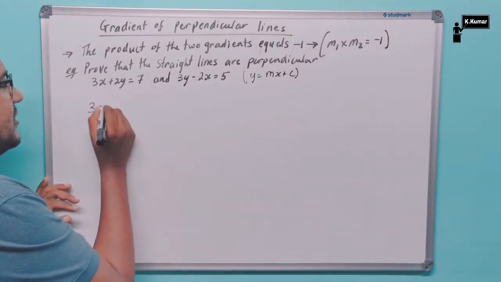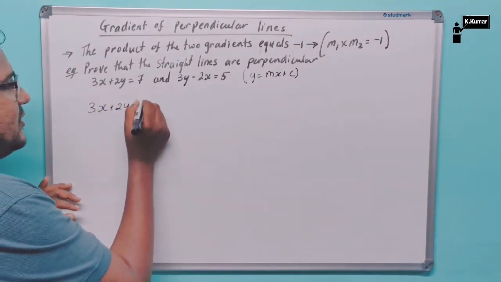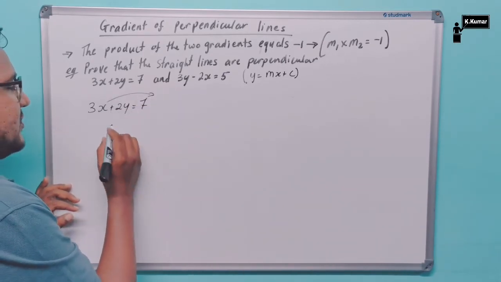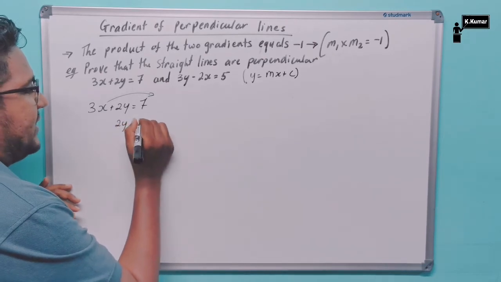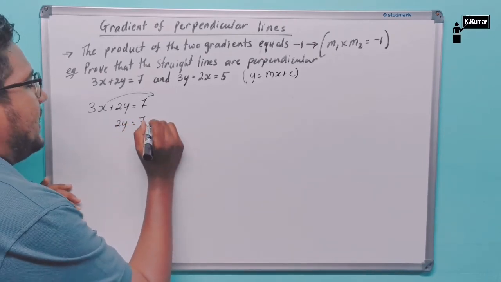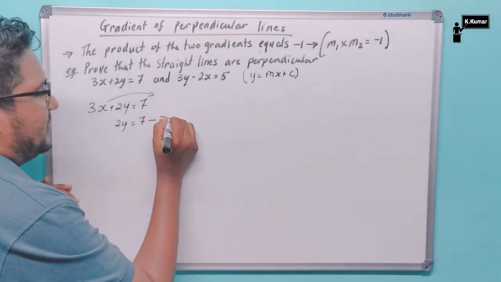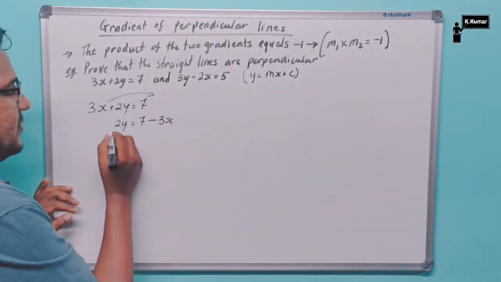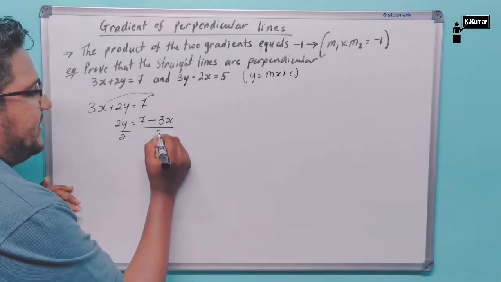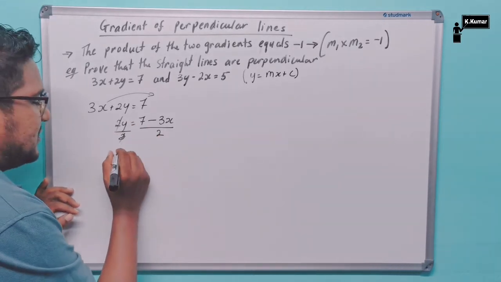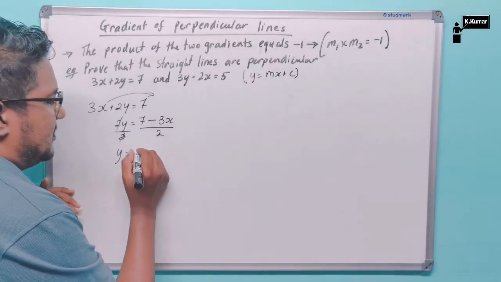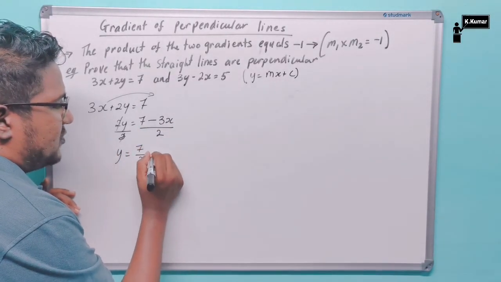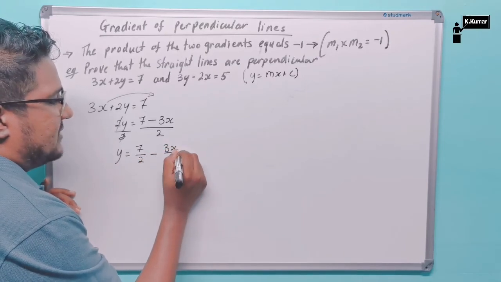The first one is 3x plus 2y equals 7. We want y alone on one side, so we're going to take this across. So you have 2y is equal to 7 minus 3x. We want y alone. We divide here by 2 and we divide here by 2. So y is equal to, let's split this, 7 divided by 2 minus 3x divided by 2.